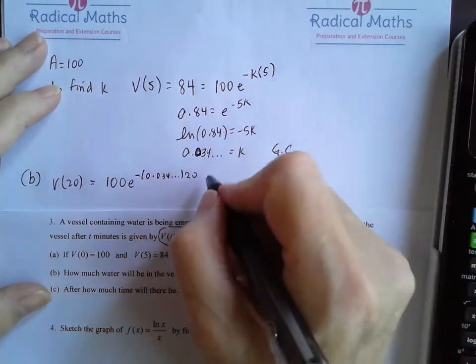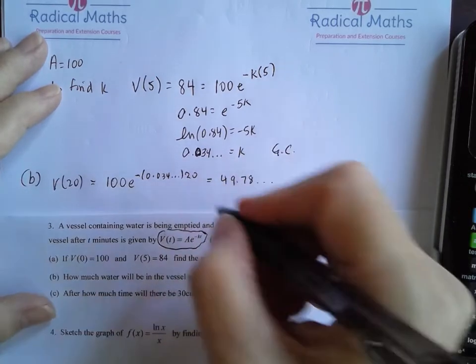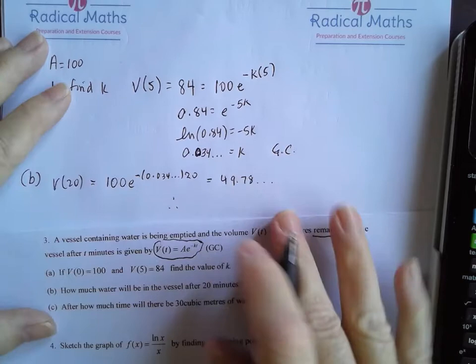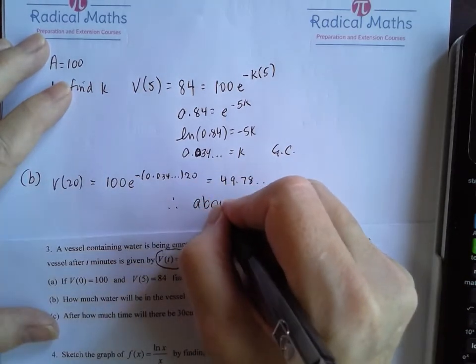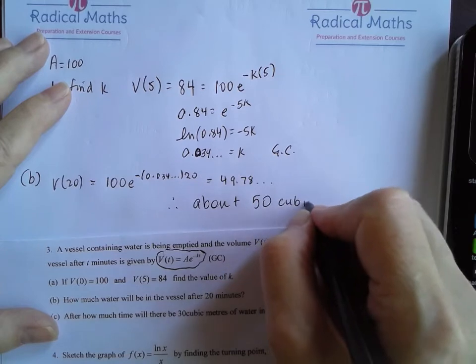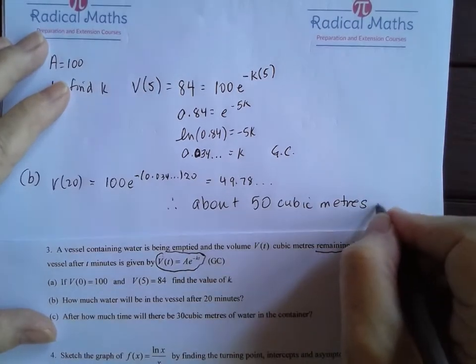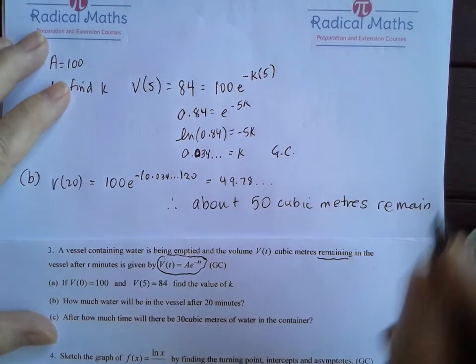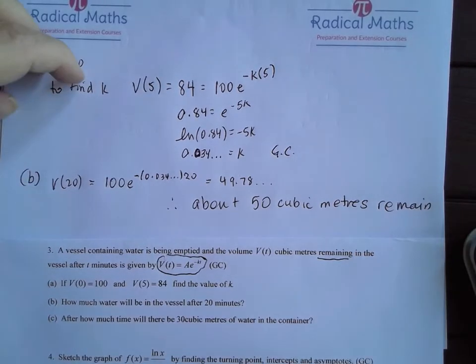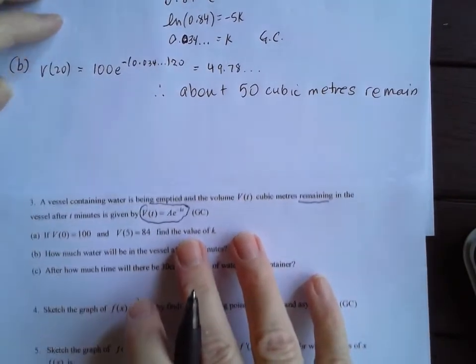So I go, this equals 49.78... So I say, therefore, about 50 cubic meters remain. Give them a good answer. Or you can say 49.8 if you want to, or whatever. But something close, and they can see you're working on the calculator.